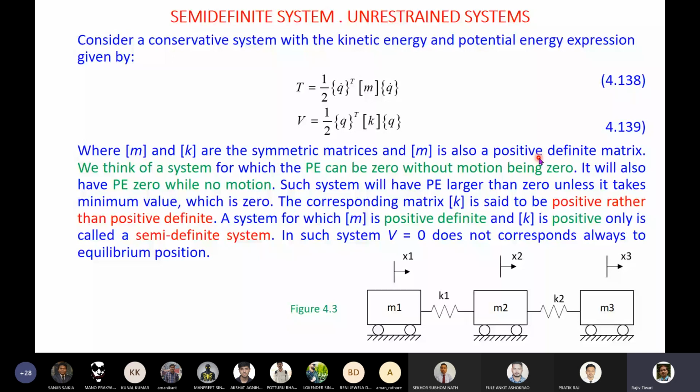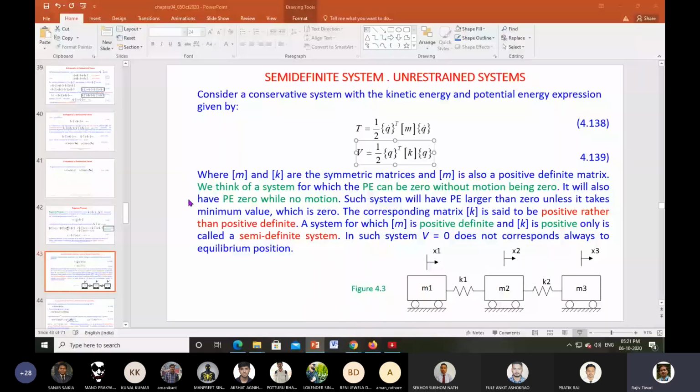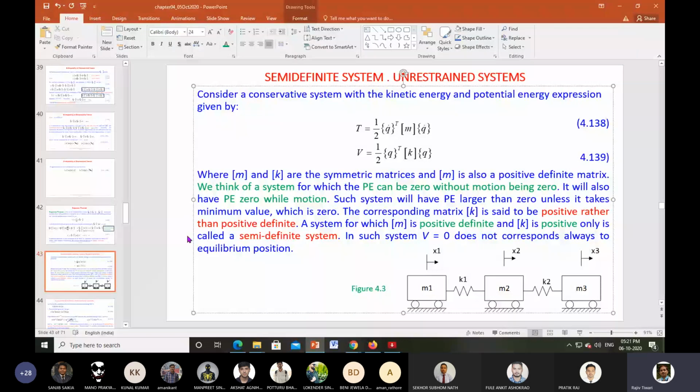Now we are considering a system in which the potential energy is zero while there is a motion. The potential energy is zero when there is a motion also.